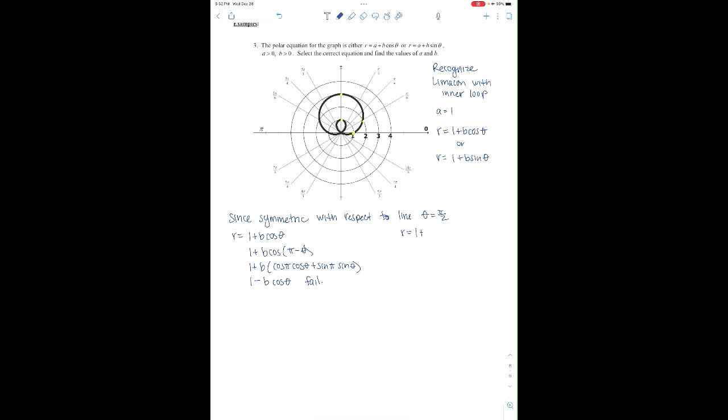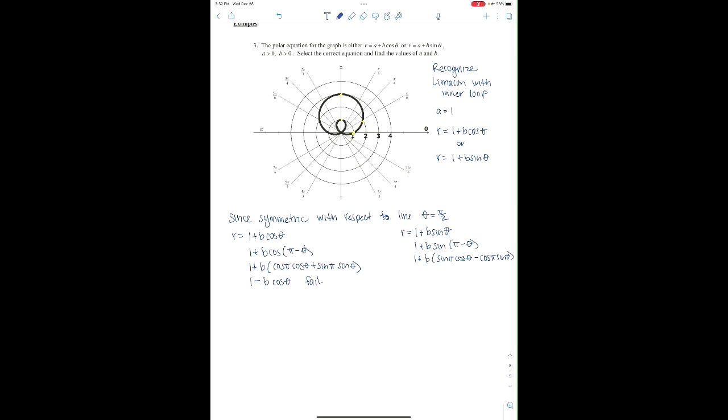r equals 1 plus b sine theta. This is going to be 1 plus b sine of pi minus theta, which with trig identities is sine pi cosine theta minus cosine pi sine theta.